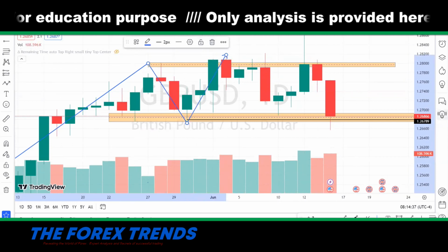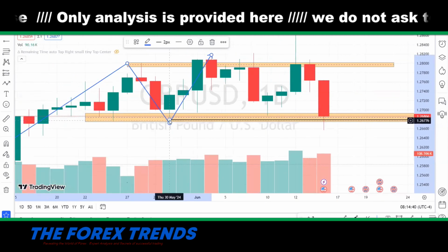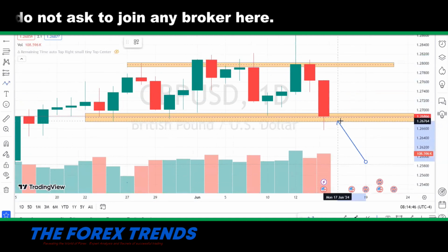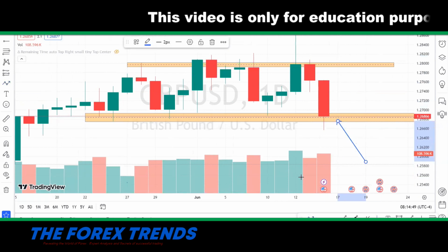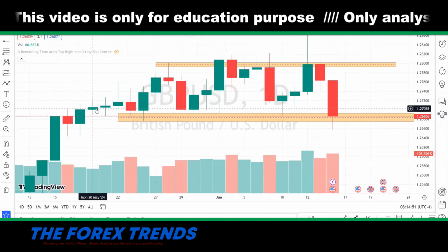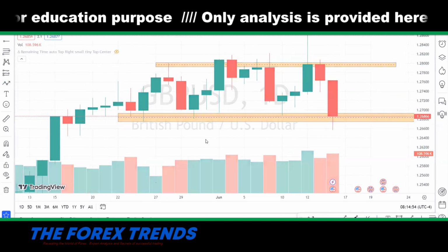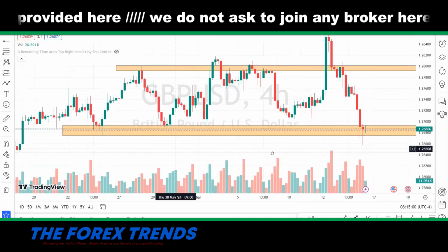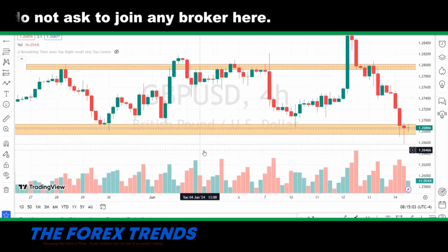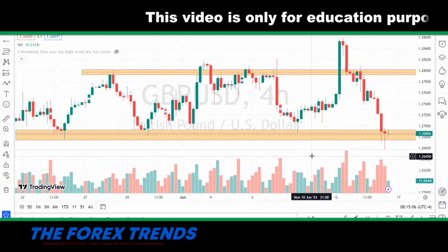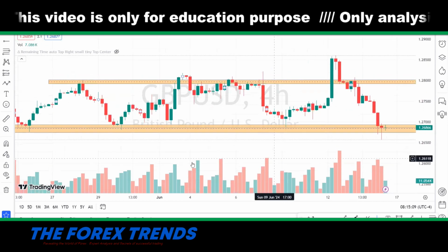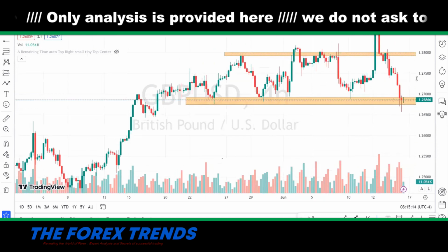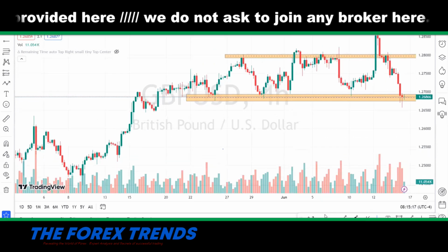As per the structure, this is the structural support. This is the structural support, and let me shift to the 4-hour frame for possible trades. In the 4-hour frame, if I mark the structure on GBP USD, let me mark it.